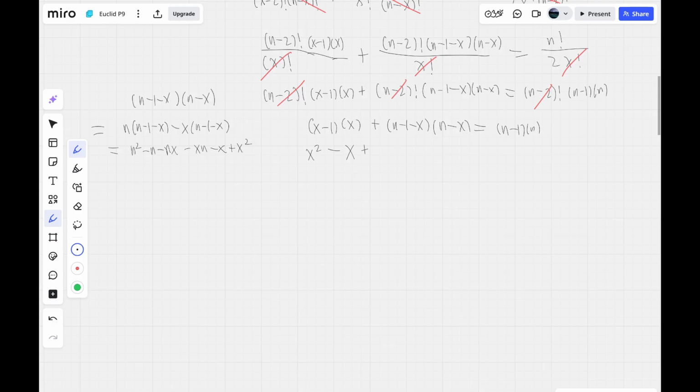So that's equal to n squared minus n, minus nx twice, so that's minus 2xn, minus x plus x squared.